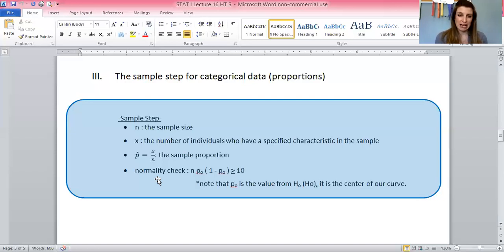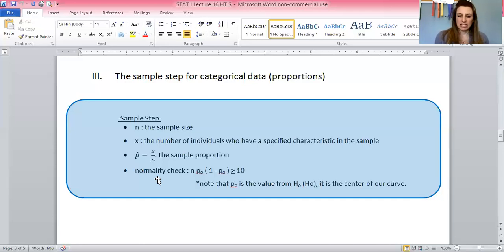Then when we moved on to confidence intervals for proportions, we used N times P hat times 1 minus P hat is greater than or equal to 10. And now we're going to change the formula one more time, and it's called N times P naught times 1 minus P naught is greater than or equal to 10.